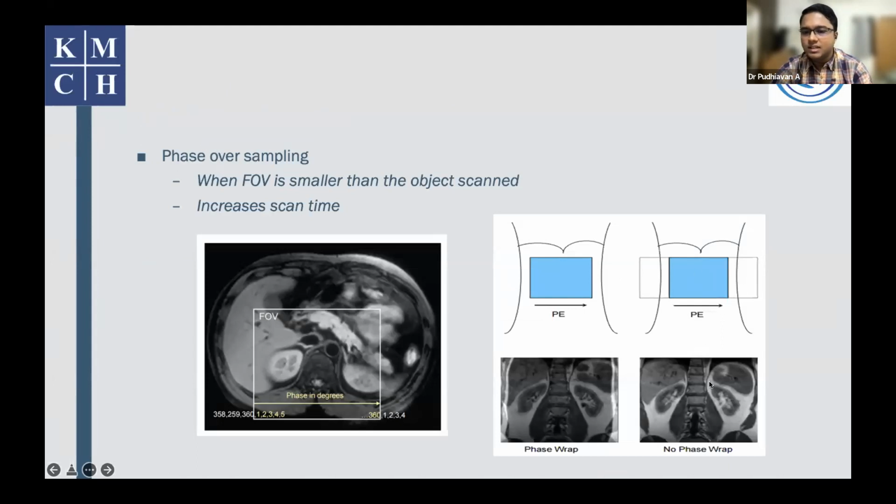This will result in the elimination of the phase wrap artifact. But the problem with this is that it increases scan time. Though the image is generated only of this portion, we are still giving phase encoding from this point up to this point. So practically it takes the same time as imaging the entire body part that has to be imaged.